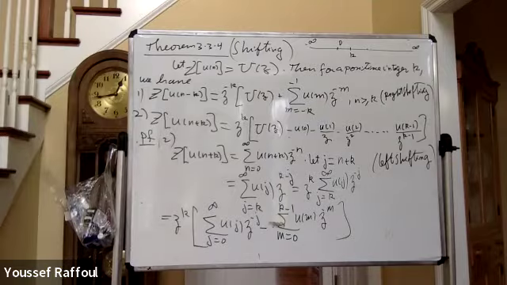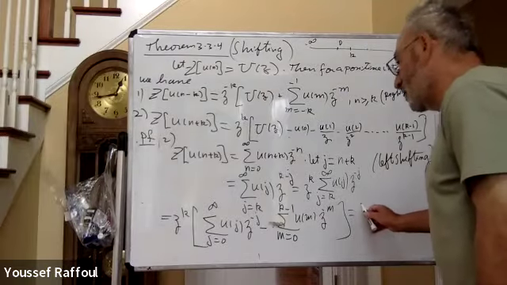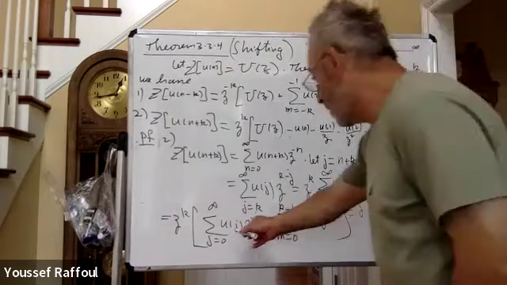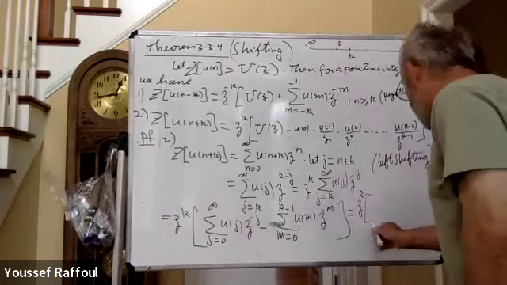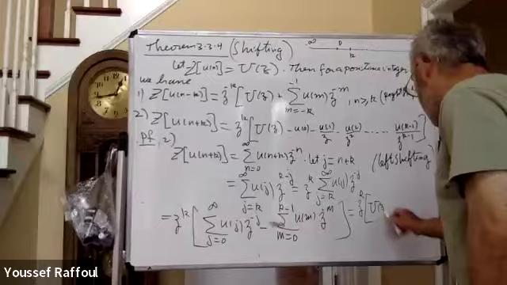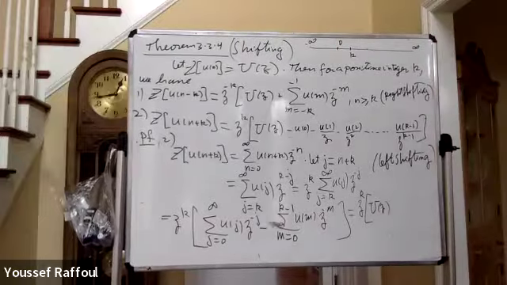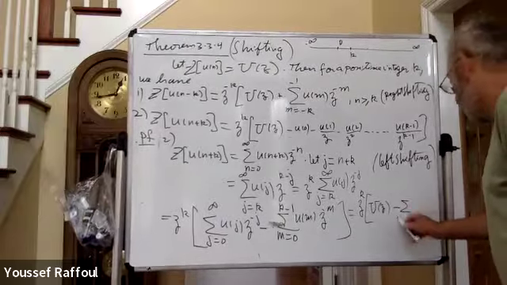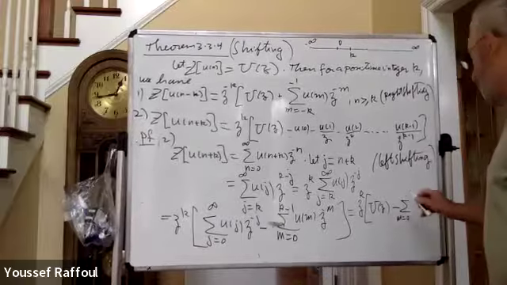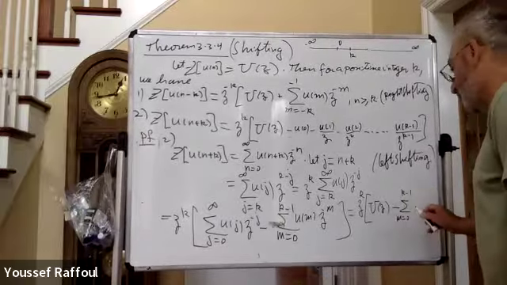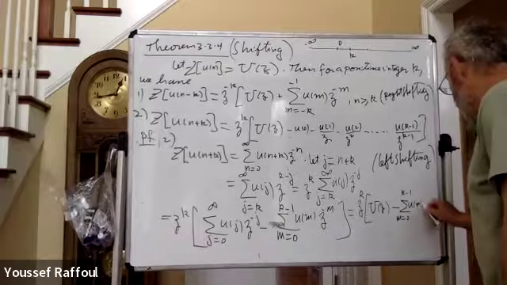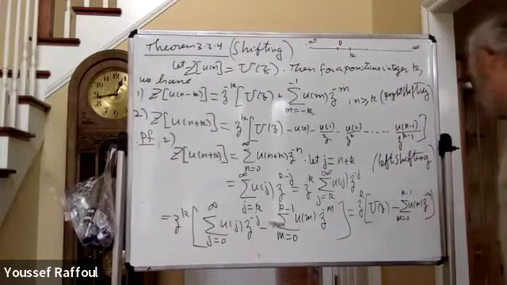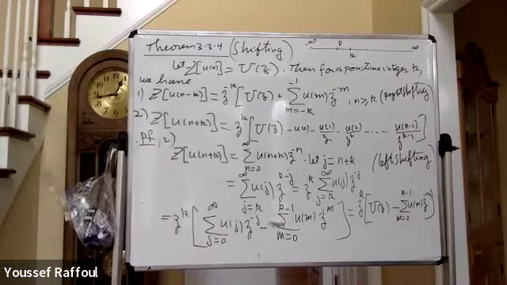Now, this is z^k. This one is U(z), and then minus the sum m equals 0 to k minus 1 of u_m z^(-m). Okay?